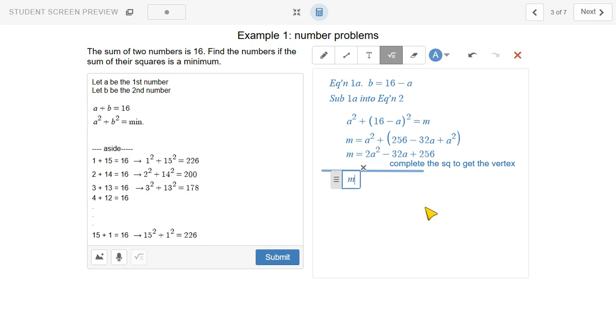Now, first step for completing the square, we're going to take the 2, factor it out of my a and b term, a squared minus 16a plus 256. Now I need to introduce my c term. M is equal to 2a squared minus 16a. My c term is the b term divided by 2, squared. So 16 divided by 2 is 8. 8 squared, 64. I've introduced 64, but I'm also taking away 64.